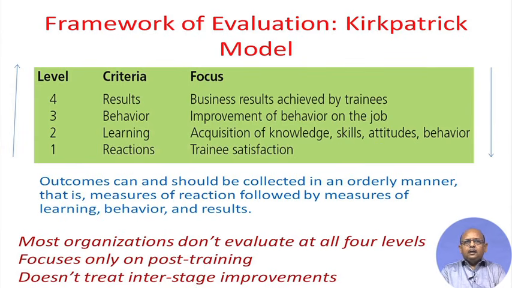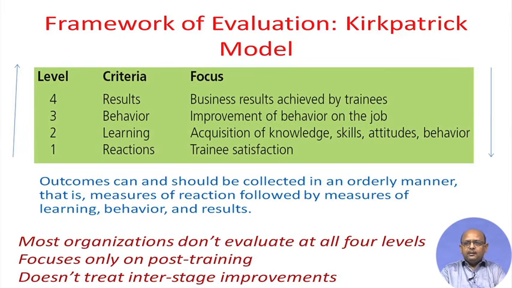that the first 2 levels, okay, are short term measures, you are going to do them immediately after the training program is over, but the third and fourth take place only after some time, because once a person learns certain things, he goes back to the job, he applies that, and only then do the results come out, whether it is improving the behavior or the performance.